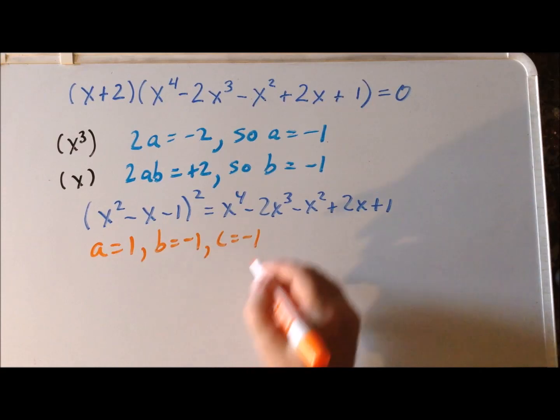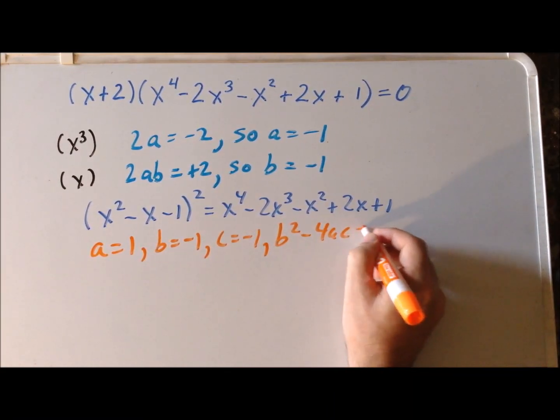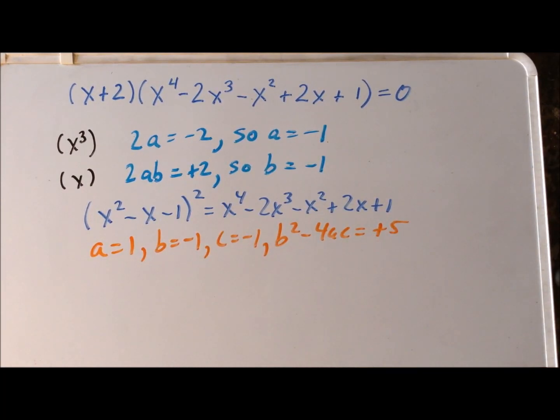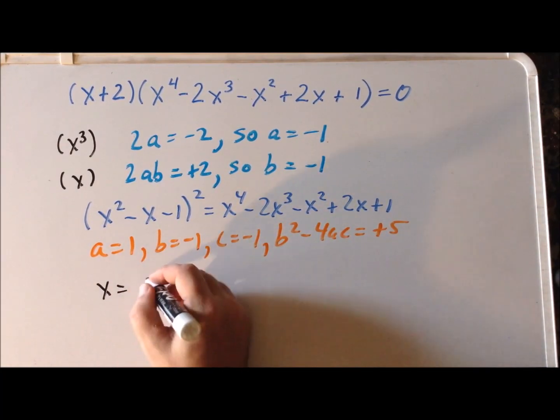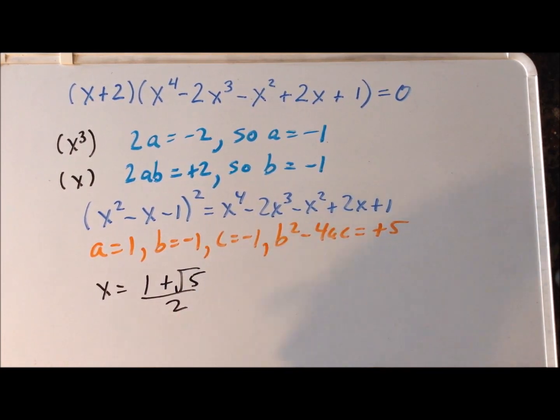And the important factor, b squared minus 4ac, is equal to +5. When we do that, we can write down the solutions, the values of x for this. It's going to be 1 plus or minus the square root of 5, over 2.